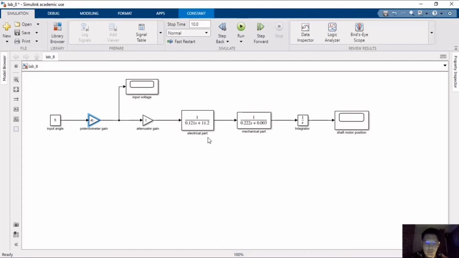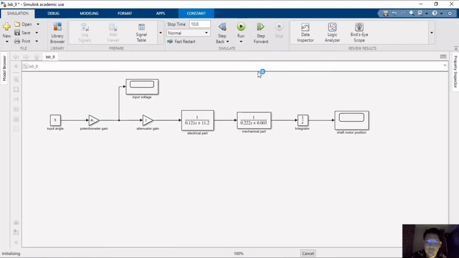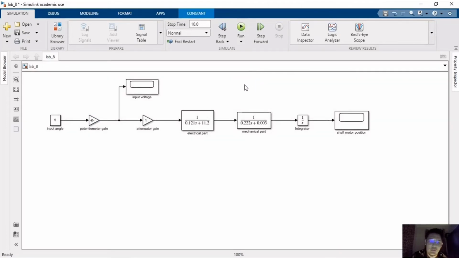And you can see this is the electrical part, this is the mechanical part, this is the integrator, this is the shaft motor position, and this is the input voltage. So now I will run the simulation. Then I will check the input voltage.